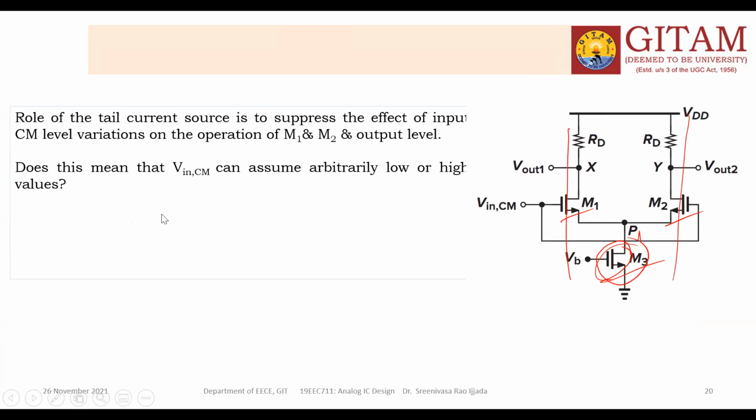It should not be low, and a medium value is required.